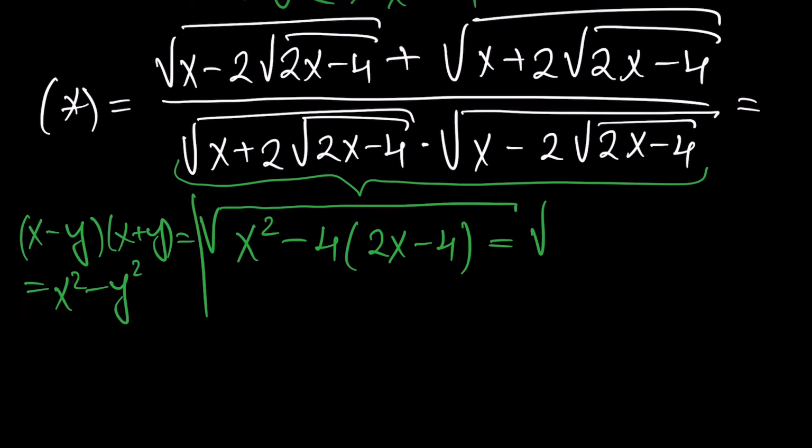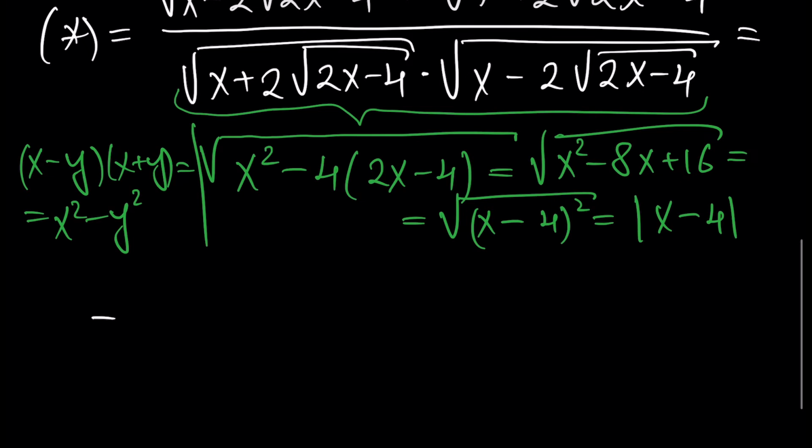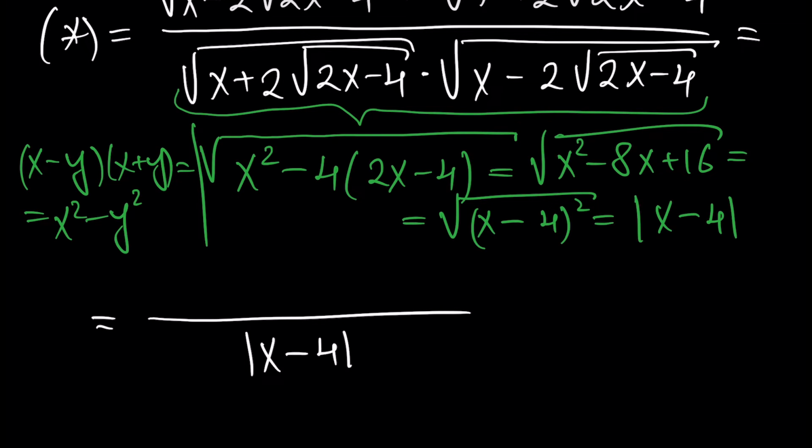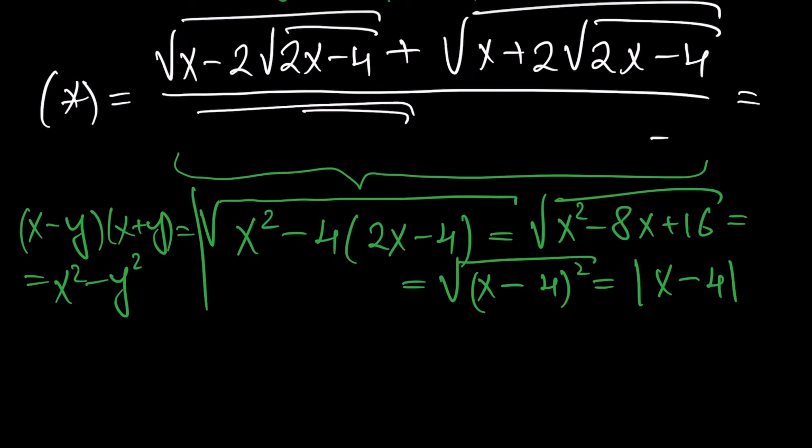Since it will be x squared minus 8x plus 16, this can be written as x minus 4 squared under the square root, which is equal, by definition, to the absolute value of x minus 4. That's why we can rewrite our expression as something divided by the absolute value of x minus 4, or, to be more clear, the square root of x minus 4 squared.